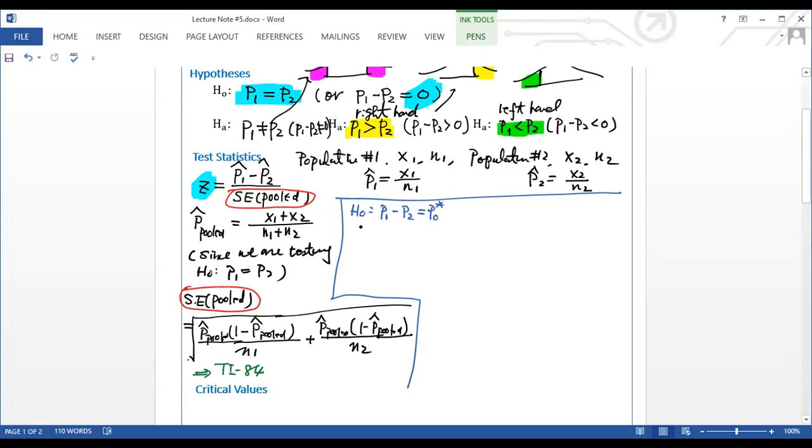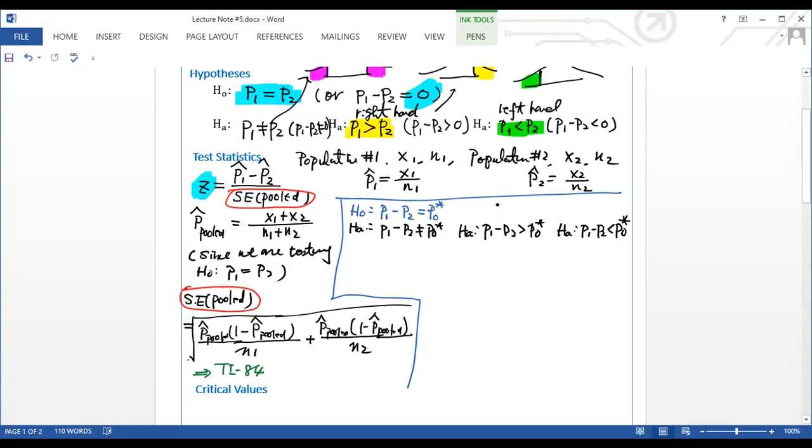The same way, your HA can have three alternatives: P1 minus P2 not equal to this percentage, or P1 minus P2 greater than what you suspect, say 5%, or P1 minus P2 less than this percent.